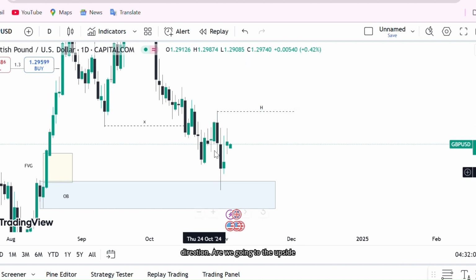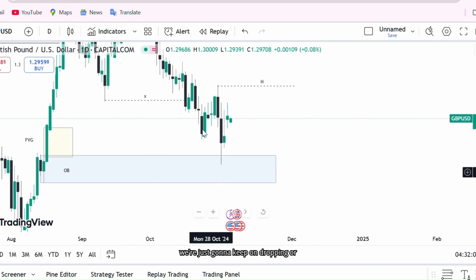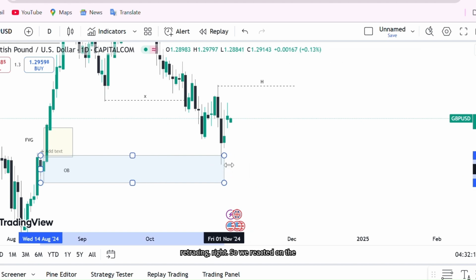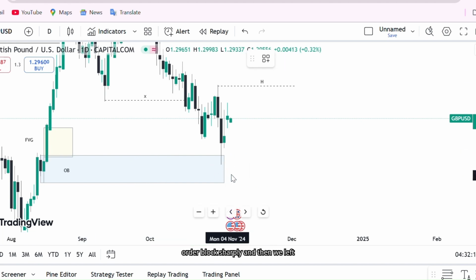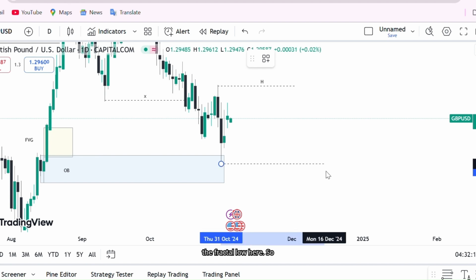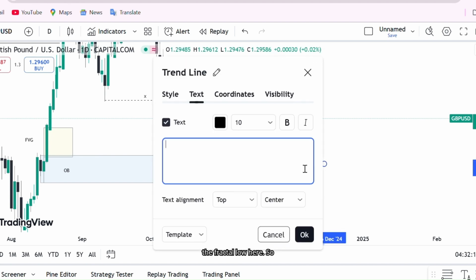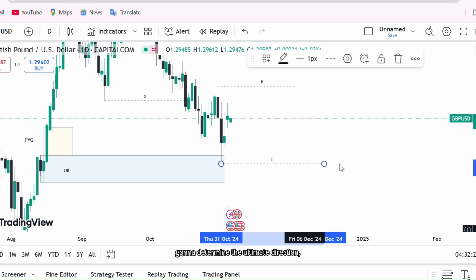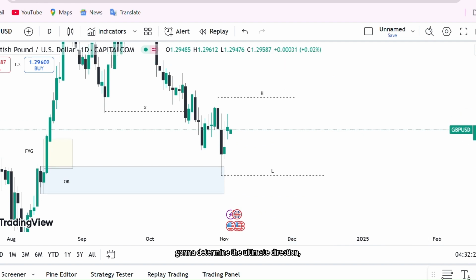Are we going to the upside direction, continuing with the trend, or we're just going to keep on dropping or retracing, right? So we reacted on the order block sharply, and then we left the fractal low here. So these two points are the ones that are going to determine the ultimate direction, right?